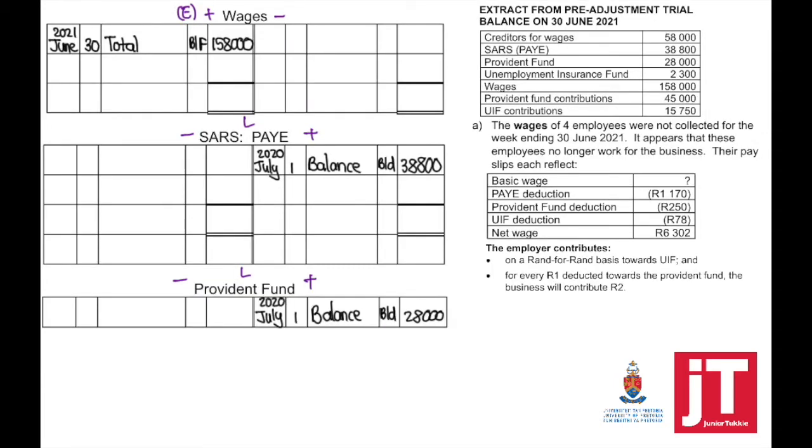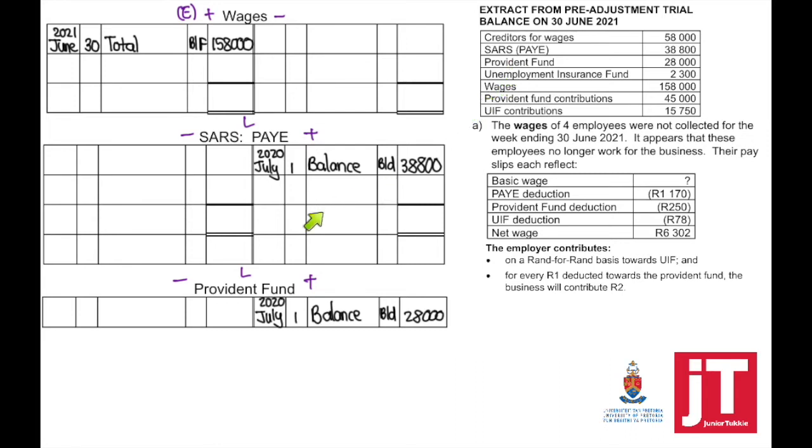Extract from the pre-adjustment trial balance on 30 June 2021: wages had a total brought forward. It's an expense which will appear on the debit side. SARS pay-as-you-earn is a liability, so its balance brought down is on the credit side.